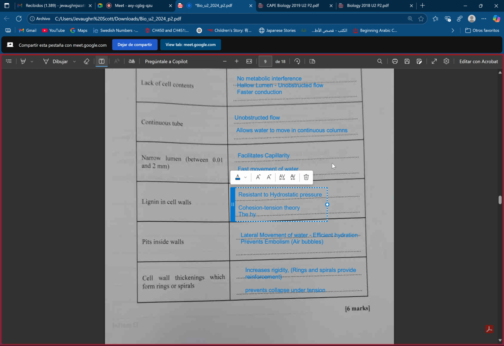But what's happening here, right? Well, also the fact that the xylem walls are hydrophobic, not true? Aren't they hydrophobic? Not hydrophobic, hydrophilic rather. My bad.